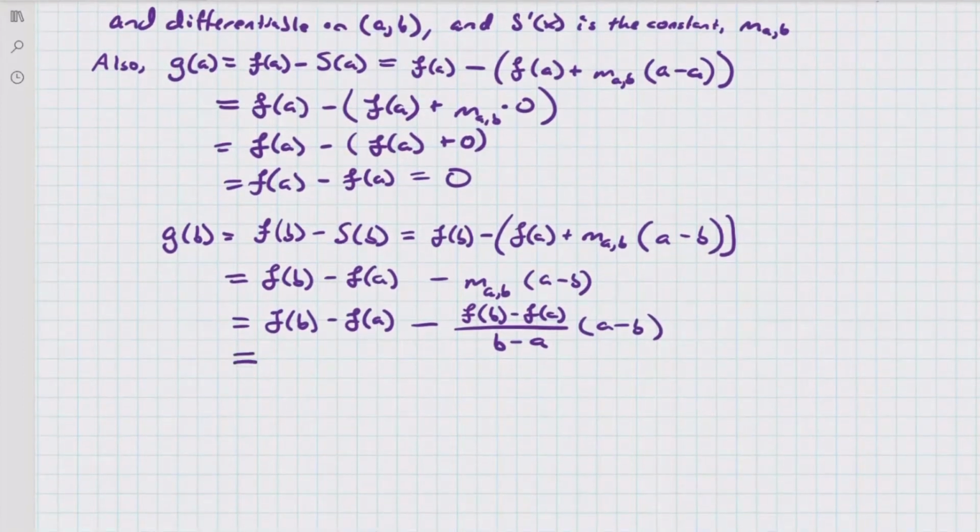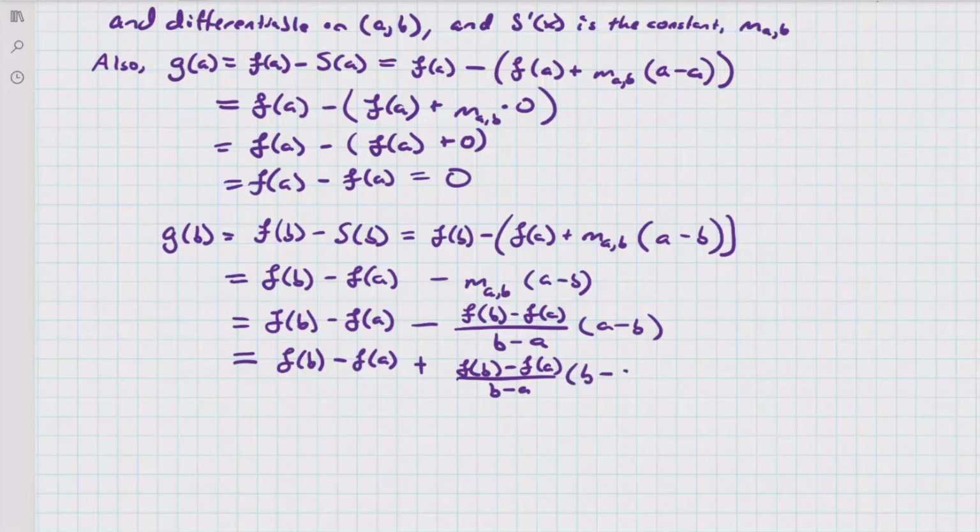Okay, a little bit of algebra here. I'm going to take that minus 1 and multiply it through. f of b minus f of a minus f of b minus f of a all over b minus a. Oh, I'm going to make that a plus, because what I'm going to do is multiply this by minus 1. Oh, look at that. That's nice. And I'm left with f of b minus f of a plus f of b minus f of a.